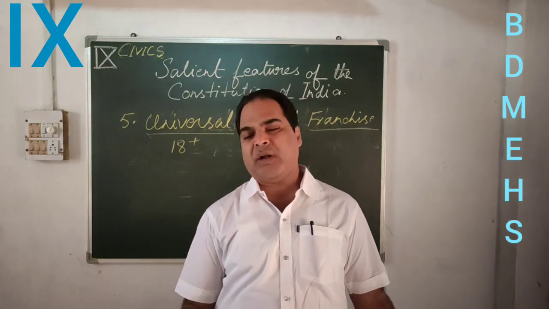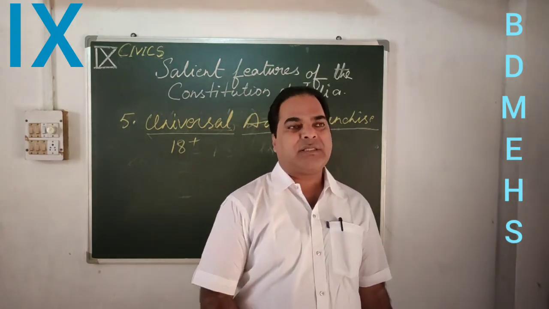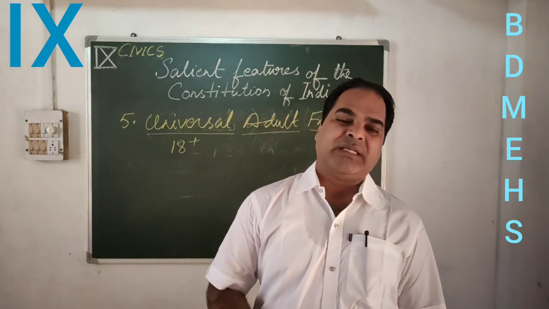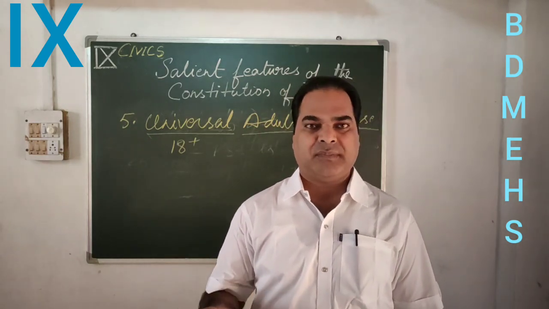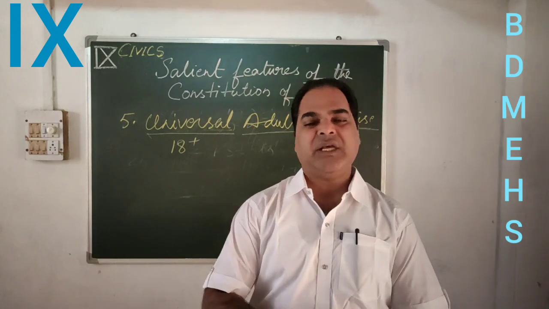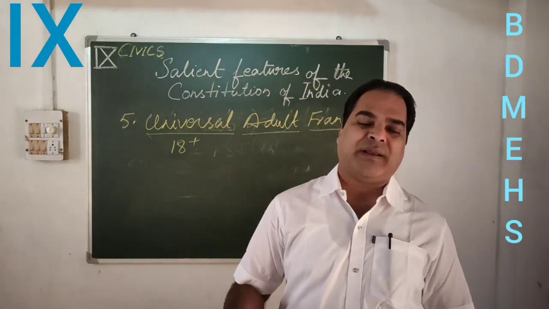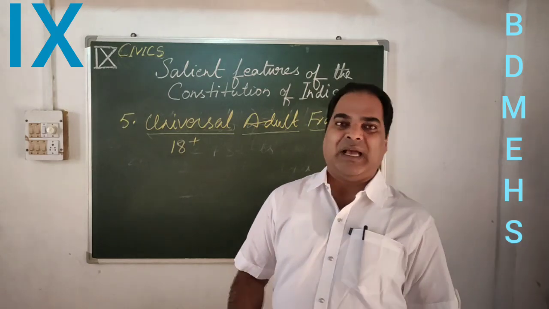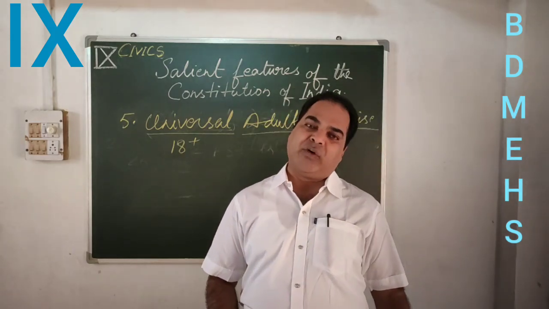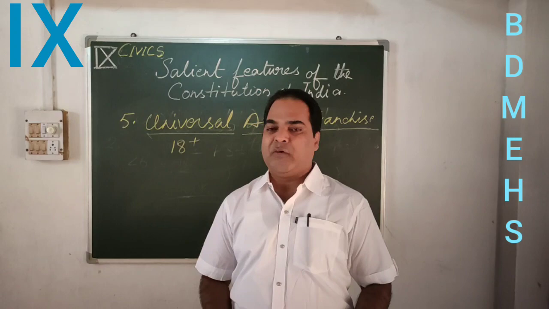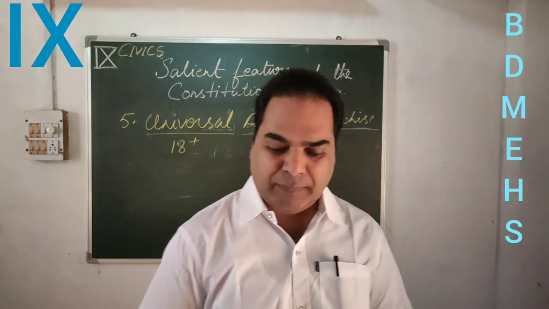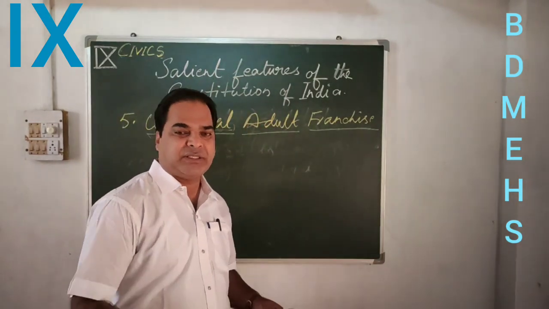The persons who have attained the age of 18 and above. 17, no chance. 16, no chance. But those who have attained the age of 18, whose names are registered in the voter list, they are given the right to vote and take part in the formation of the government. So that is all about universal adult franchise.